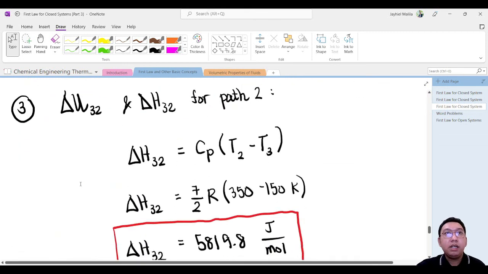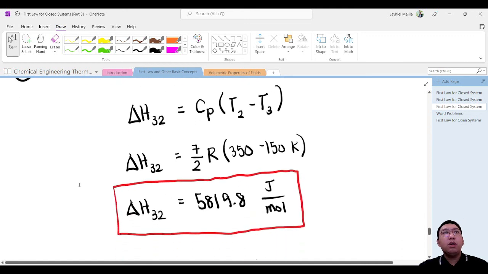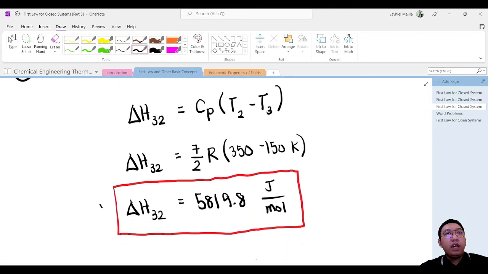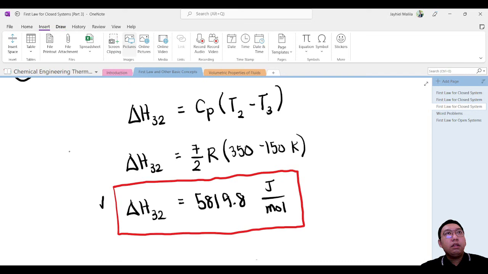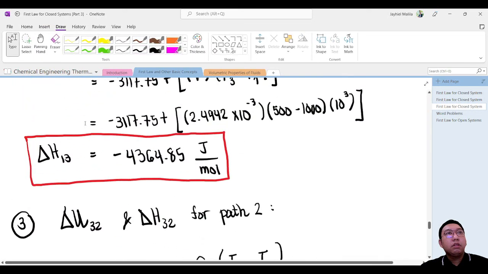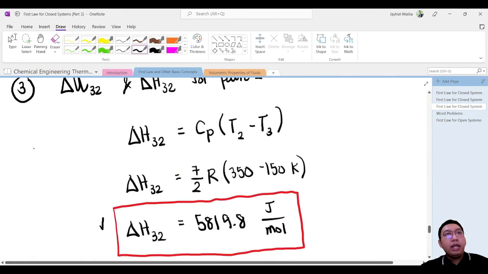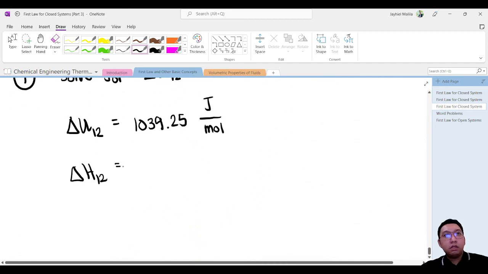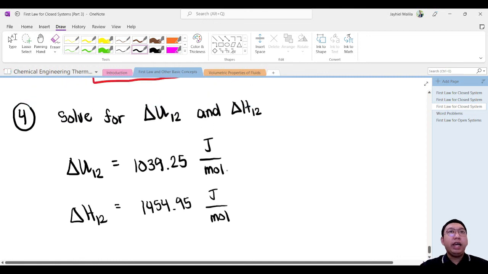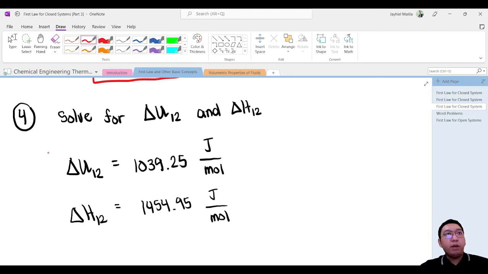So this is the sum of negative delta H32 and delta H13. My answer is 1454.95 joules per mole. Alright, so I think I'm done with this problem. So yeah, those are our answers for this word problem.